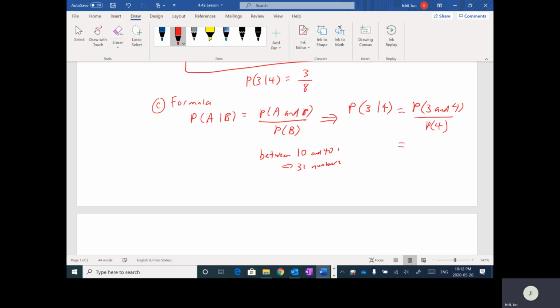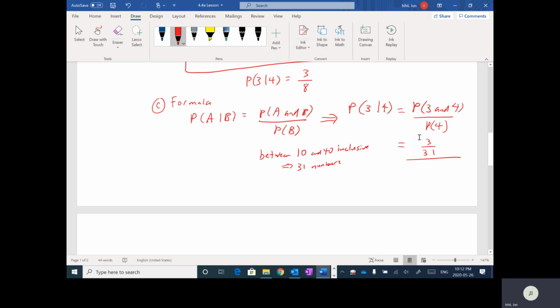Sorry, that's inclusive. The reason there's 31 is because we're counting the 10 as well as the 40. If you go 40 minus 10, that's 30, but we're adding one more because we're including both of these numbers. So in other words, 3 out of the 31 numbers are divisible by 3 and 4.